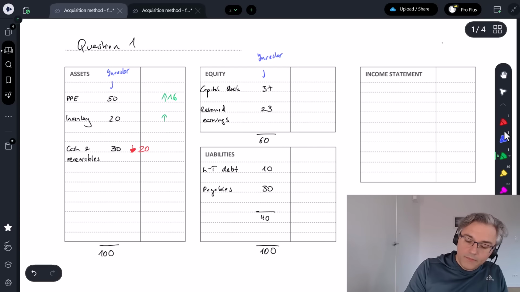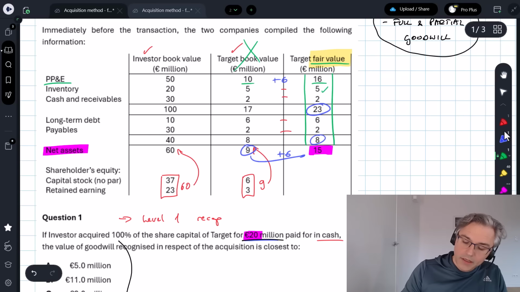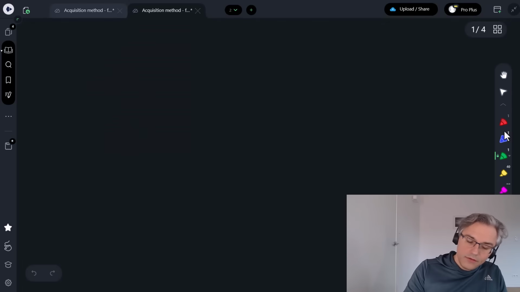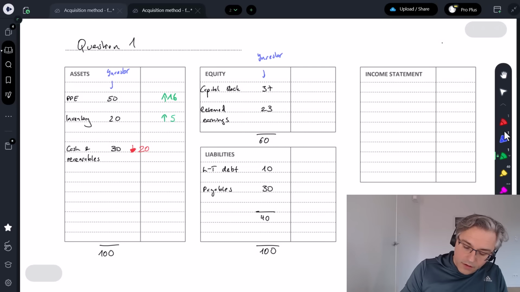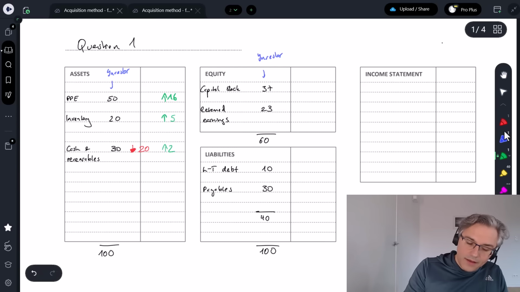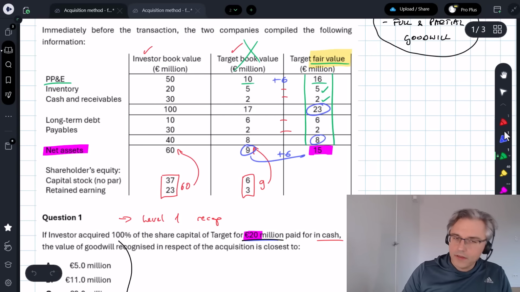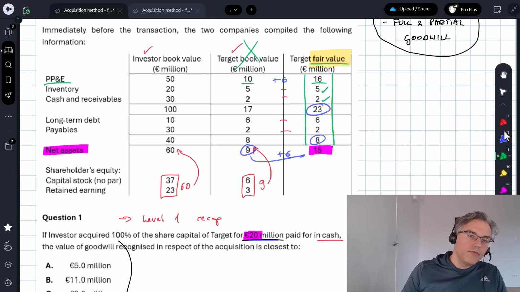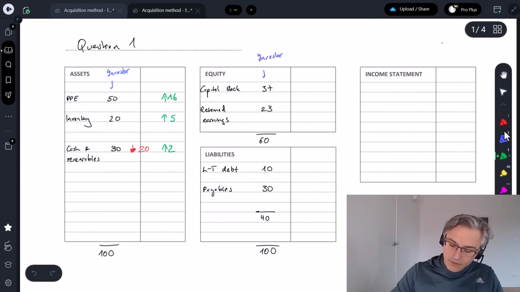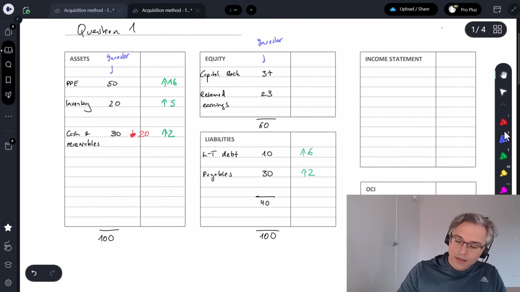Inventory, 5 million. Cash and receivables, 2. So 5, 2. And then we also need to show that the new subsidiary is bringing with it its long-term debt and its payables, 6 and 2 respectively. So 6, 2, brilliant. That's the way it goes.